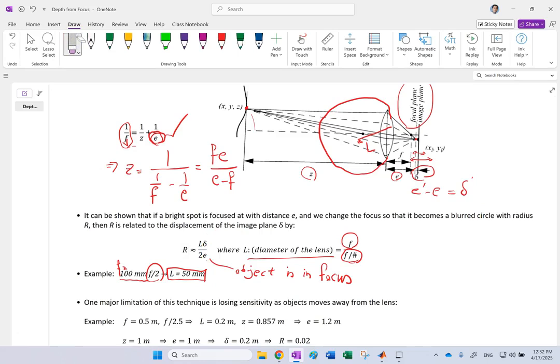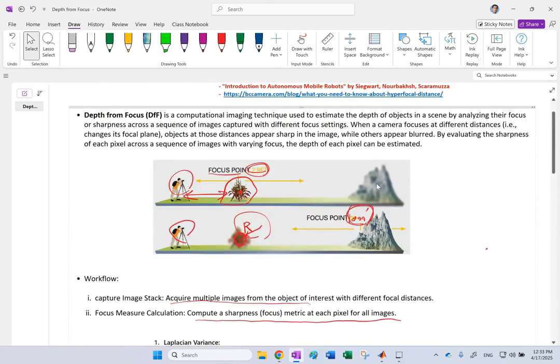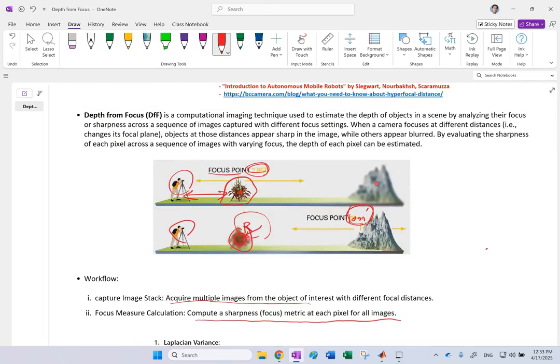So that means the more the image plane shifts, the bigger the radius of that blurry blob is going to be, and it's kind of expected. When it's perfect, at delta of 0, that radius should be 0, and it should be a single point in theory. So this is a simple approximation, and this formula could also be used if you want to know what kind of blob you can get.